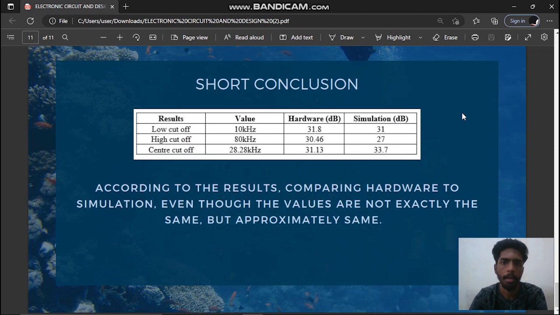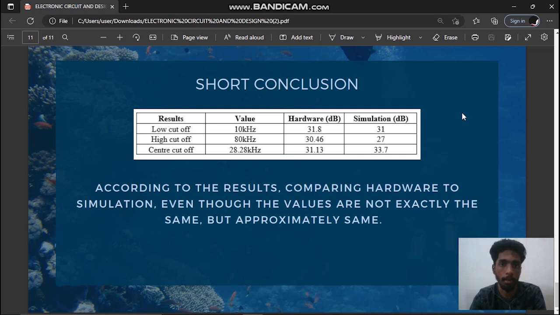From here, we can conclude that the values we obtain from the hardware are not exactly the same as the values from the simulation. This is because the values of components we used for the hardware are not exactly the same as in the simulation.